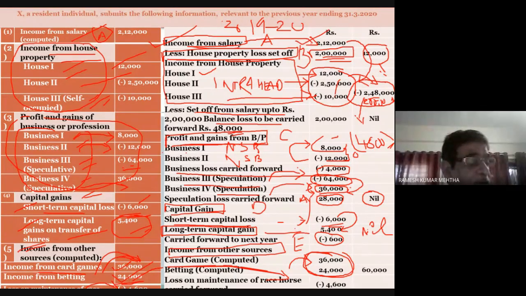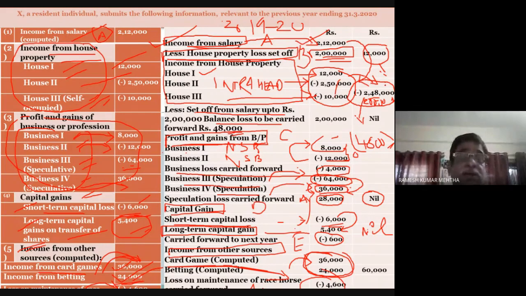Please remember, under the intra-head adjustments, the loss from the activity of owning and maintaining horse races can be set off only against profits or gains from the activity of owning and maintaining horse races. So there is no income as such, so this cannot be set off. This should be carried forward for 4 assessment years before it can be set off. So this 4,600 should be carried forward.